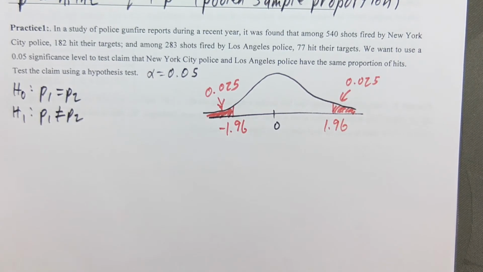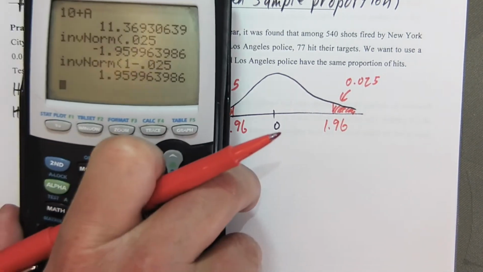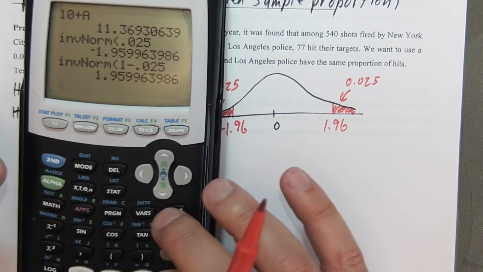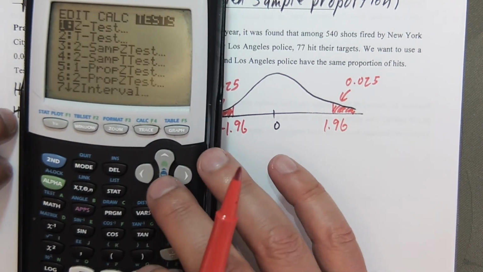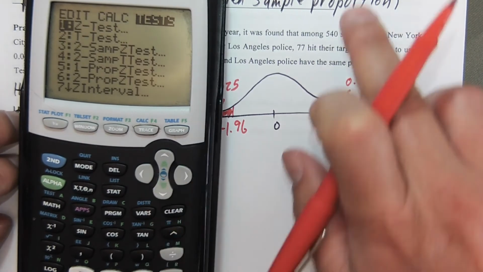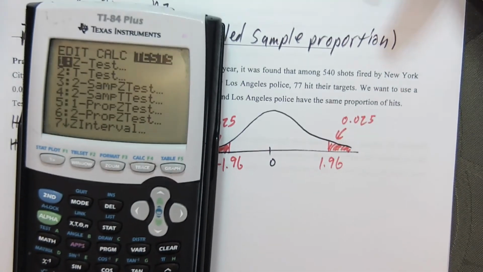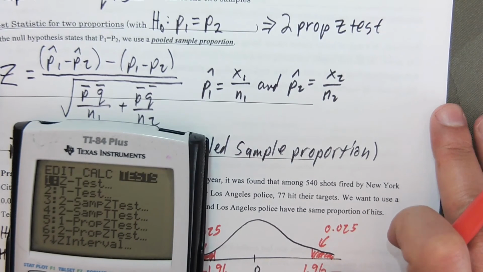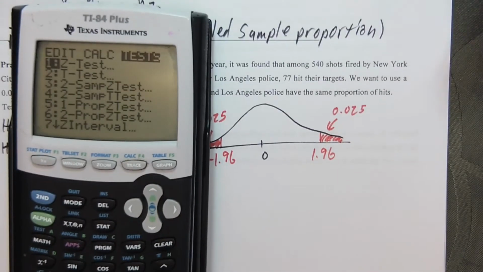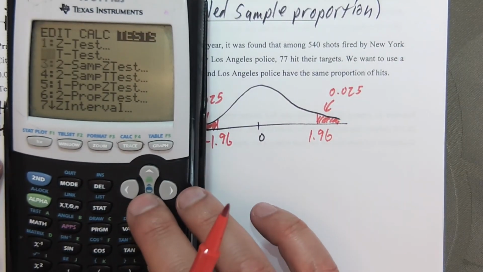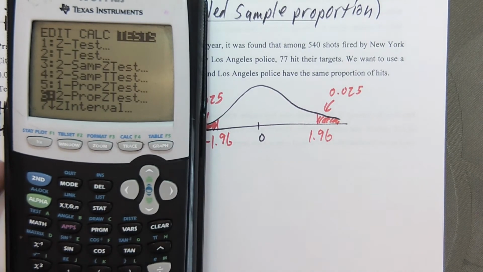To find our test statistic, I actually can go in to a new test. So we're going to go stat tests. And once again, this is a two-prop z-test. And you can see here's our two-prop z-test.